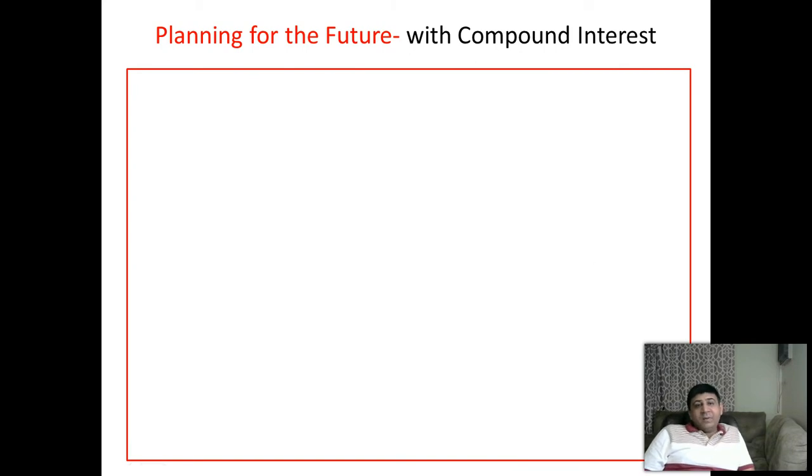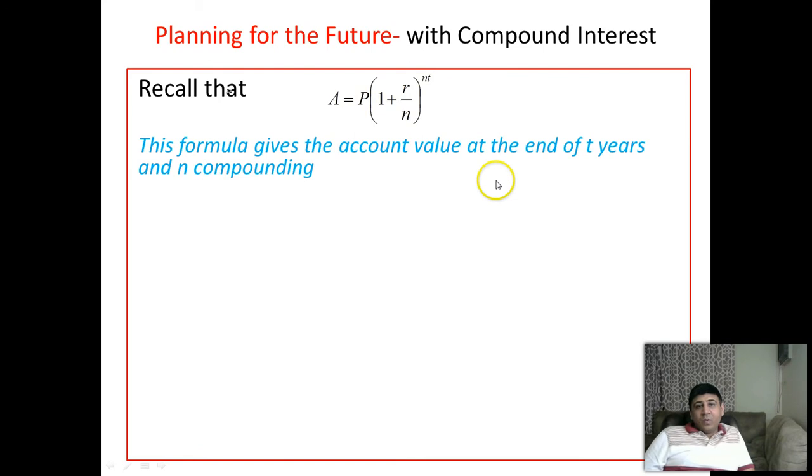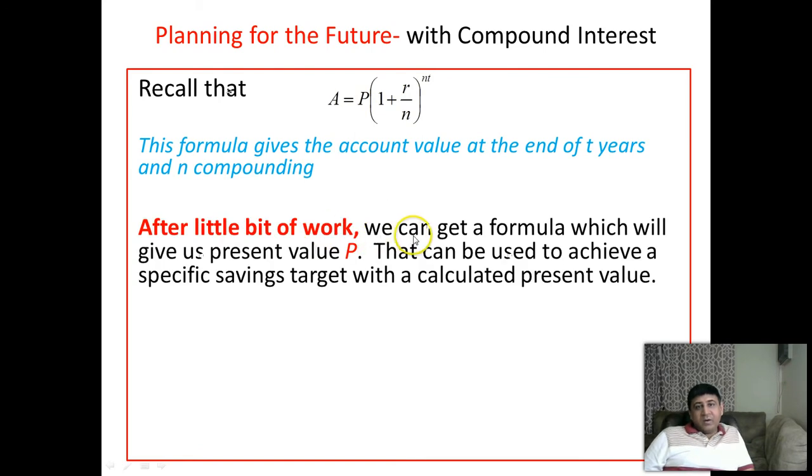Now let's twist this formula a little bit around. Planning for future, that's what the title is. This is the formula here: A is equal to P times (1 plus r over n), everything to the power nt. With a little bit of work, we can rewrite this formula.